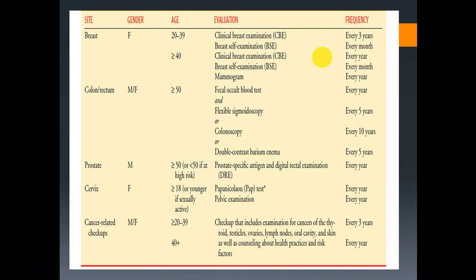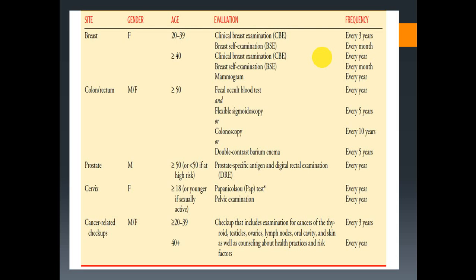So how do we know that the person is at high risk? We have to do a test called prostate specific antigen. If the prostate specific antigen is high, it tells us that the patient is at high risk.